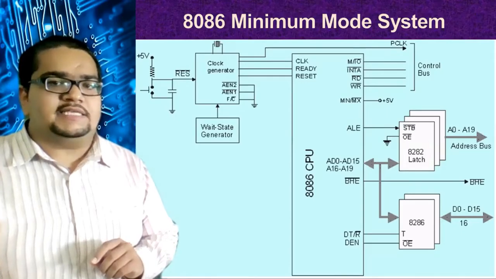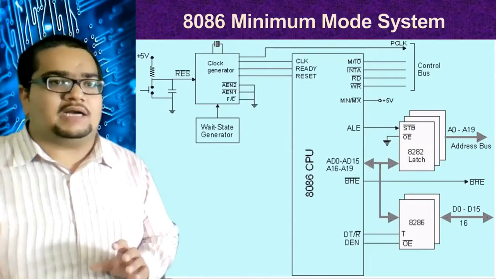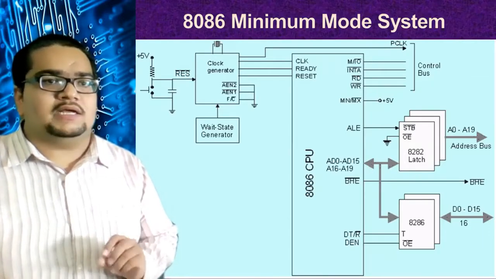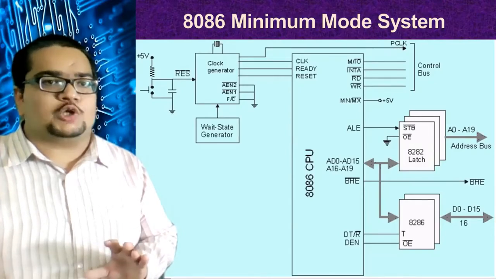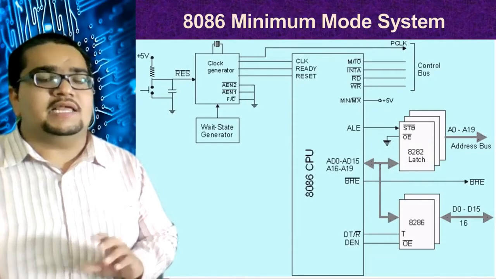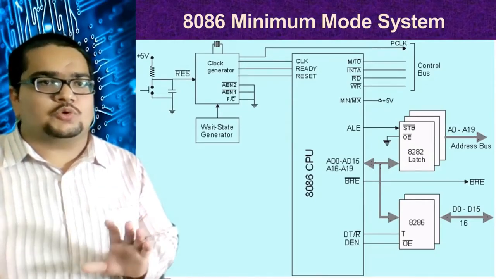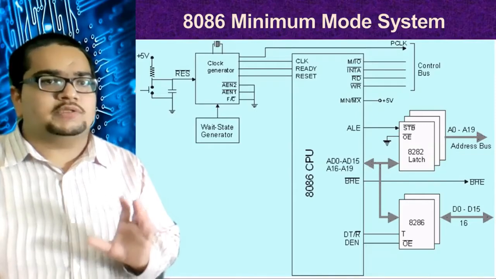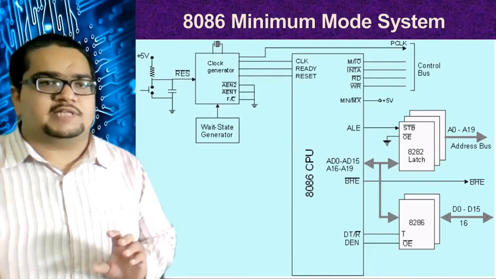Similarly, these 2 buffers store the data temporarily while the read and write operation is going on. Due to the dynamic nature of the AD lines, which continuously change state between address and data, the data should not be lost; it should be stored somewhere in the system throughout the machine cycle of a read or write. So these 2 buffers are used for that purpose.